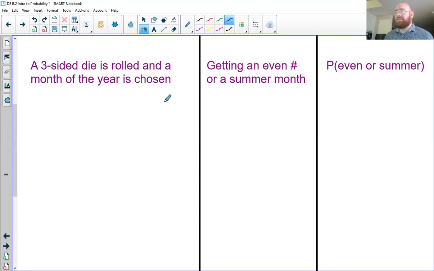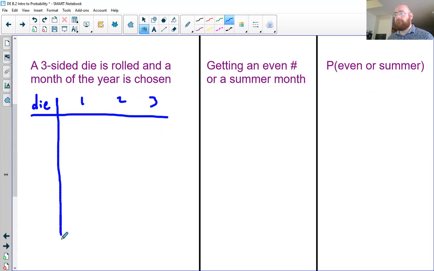All right, so more with dice. A 3-sided die is rolled and a month of the year is chosen. So we could have from the die 1, 2, or 3. And then for the month, well, we could have January, February, March, April, and so on, all the way down to December.